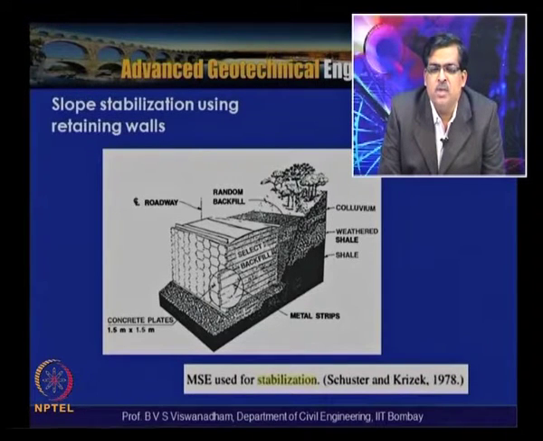In addition, there are also polymer materials like polyester geogrids, particularly uniaxial geogrids, which are used to retain the slope mass.